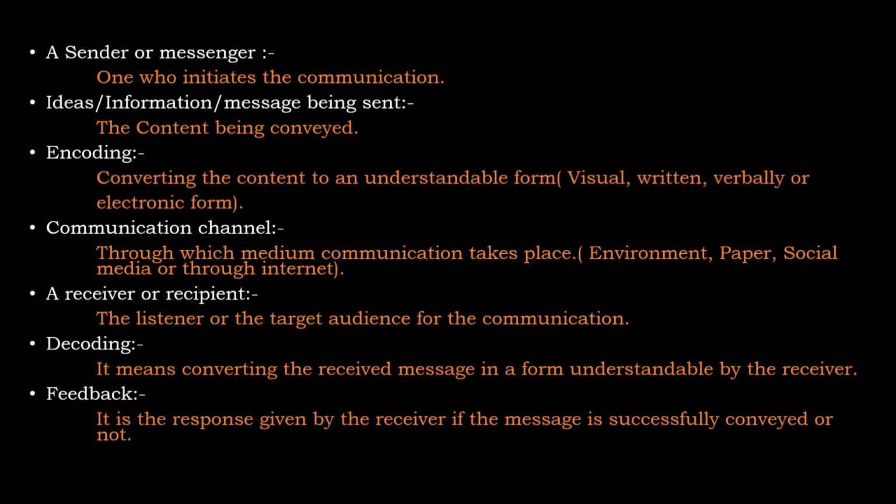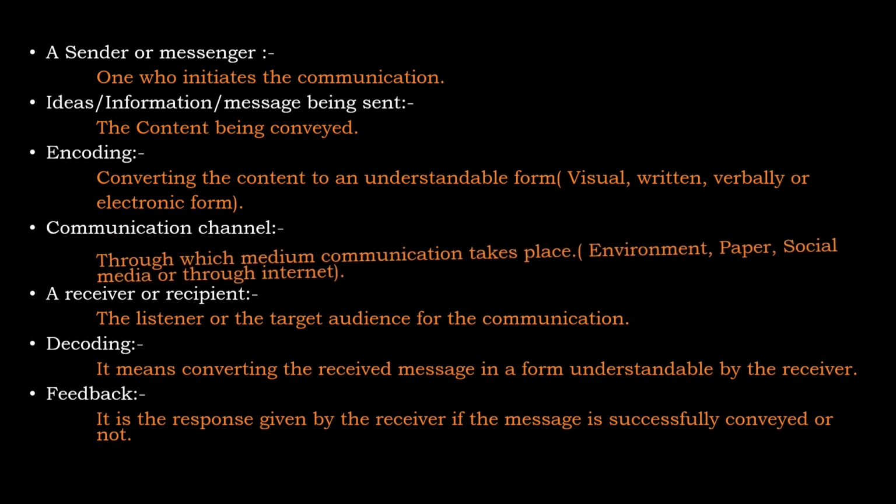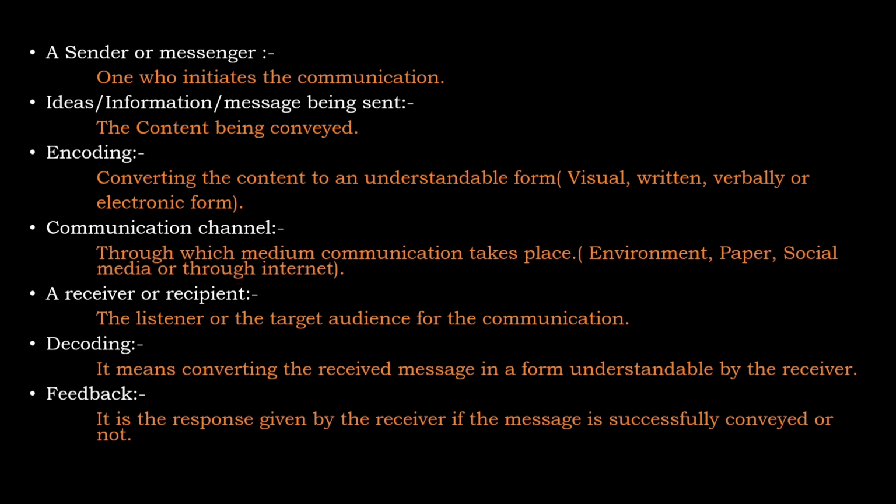The fourth element is the channel, also known as the medium. This is the platform or method used to convey the message. It could be face to face, phone, email, or social media. The fifth element is the receiver, also known as the destination. This is the person who receives the message and decodes it to understand its meaning.